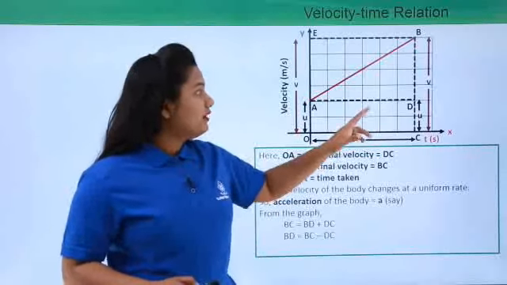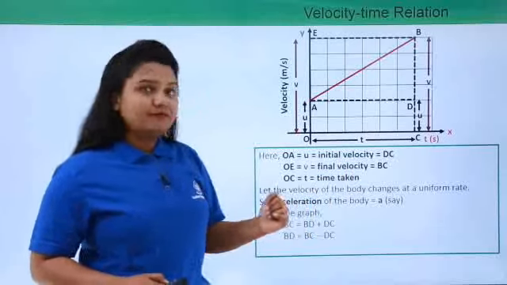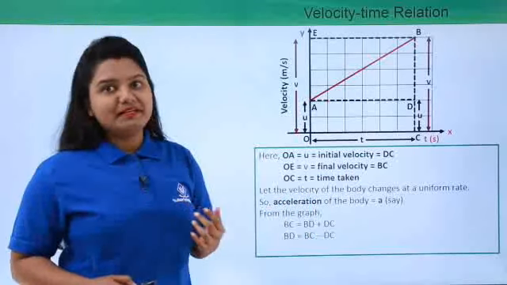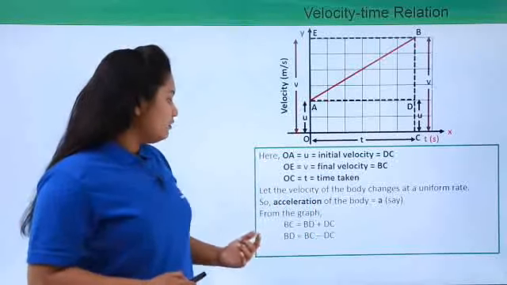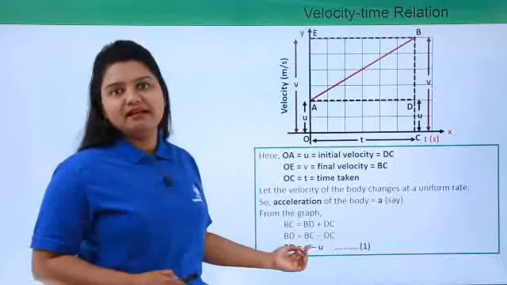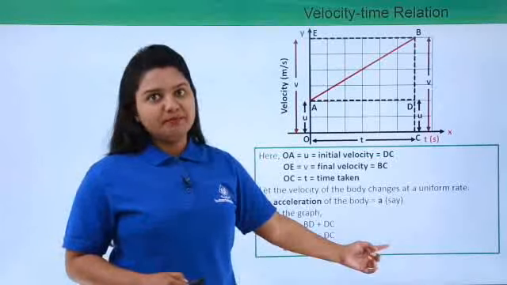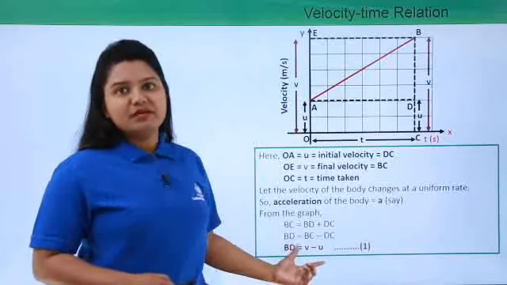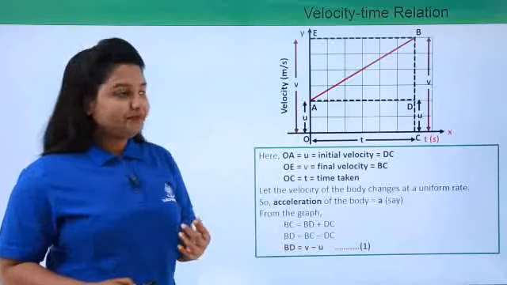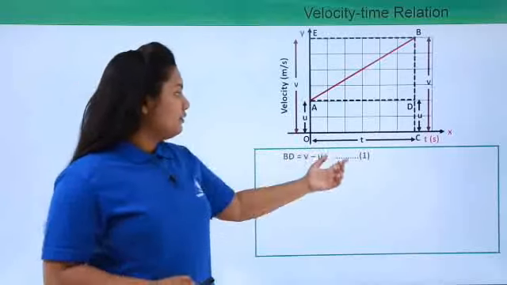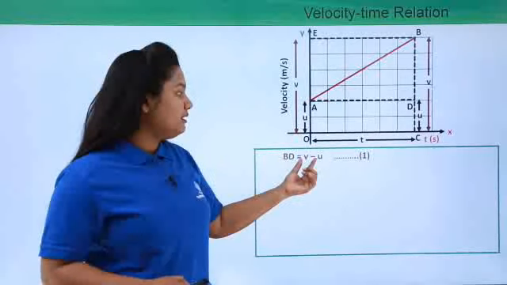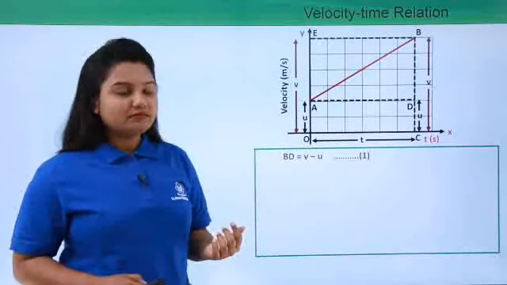Now we know the values of BC and DC, which are v and u respectively. So on putting those values, we have BD equals v minus u. Let us take this equation as our equation number 1. We will be using this equation later on in the derivation. So our equation 1 is BD equals v minus u.